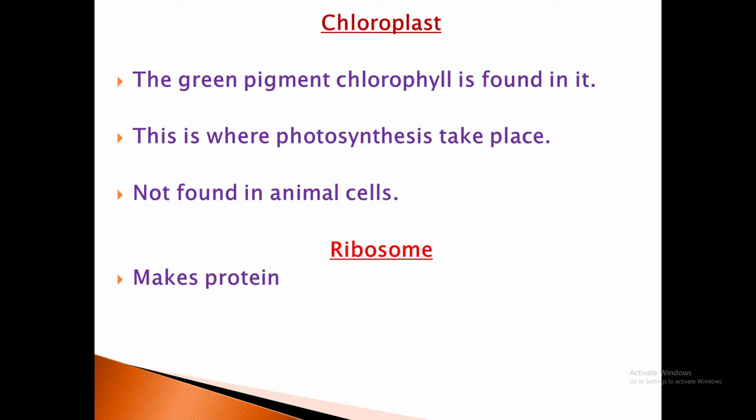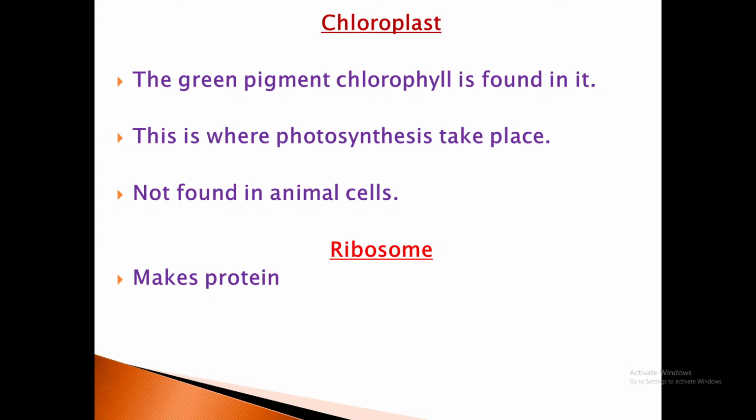Alright, so moving down in terms of cell components. Chloroplast, that's the next component. So as for the chloroplast, it normally contains a green pigment that is called chlorophyll. Understand? So the chlorophyll is normally found inside the chloroplast.